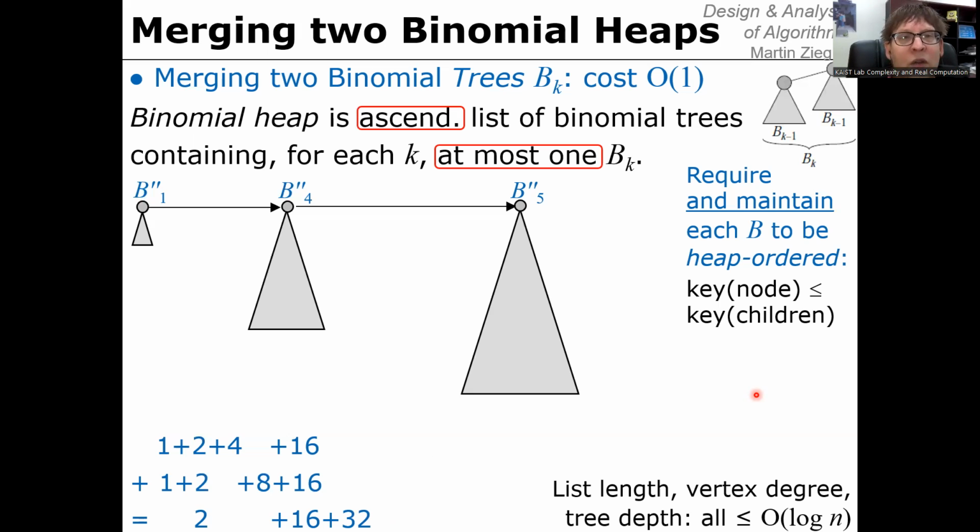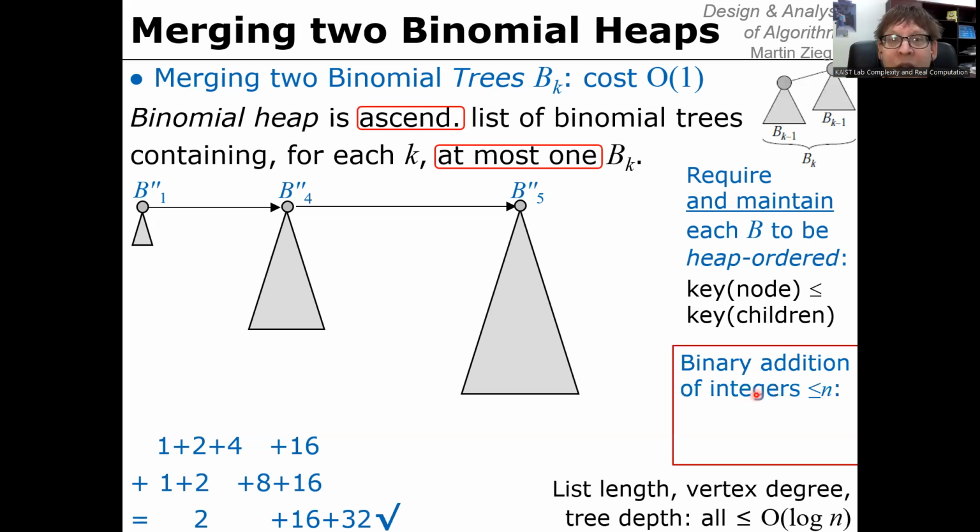So that concludes our recap of the merge operation of binomial heaps, arguably the most important operation. Yes, I keep emphasizing the similarity of the merge operation of binomial heaps to binary addition of integers.